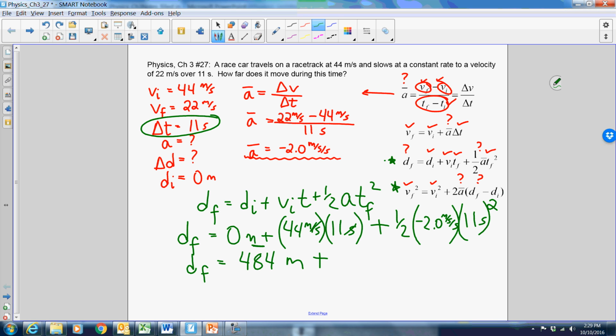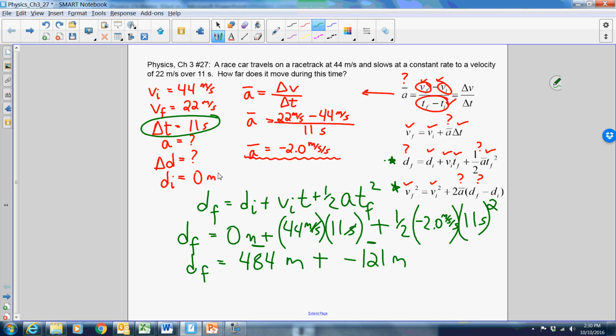Plus, if I do this term, I get negative 121 meters, and same, this should just be 2 sig figs, so I would technically round that off to negative 120. Okay, so that's why the negative sign is really important not to lose track of, because if you forget to copy it down, you'll get a different answer.